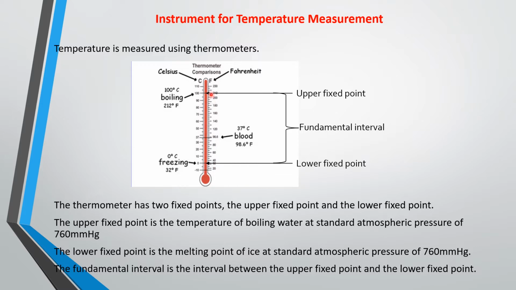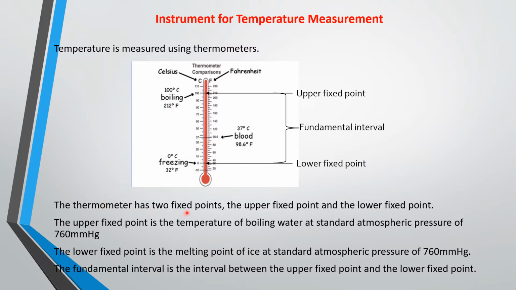Then the boiling point, or steam point, or upper fixed point of a Fahrenheit thermometer is 212 degrees Fahrenheit. So that is what you are seeing here. On the centigrade scale, the lowest point is 0 degrees and the boiling point is 100 degrees centigrade. But on the Fahrenheit scale, the lowest point is 32 degrees Fahrenheit and 212 degrees Fahrenheit for the boiling point.